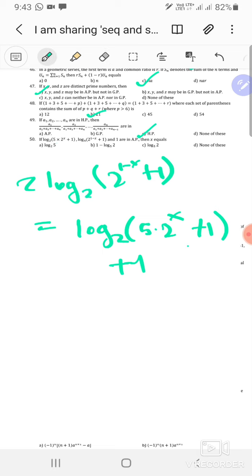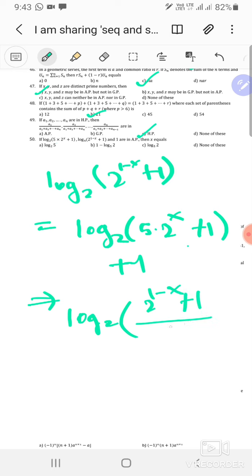So this will be half log base 2, but then half gets cancelled with this 2, so that's a nice thing, fine. So that gives me log base 2 of 2 power 1 minus x plus 1 upon 5 into 2 power x plus 1, that has to be equal to 1.